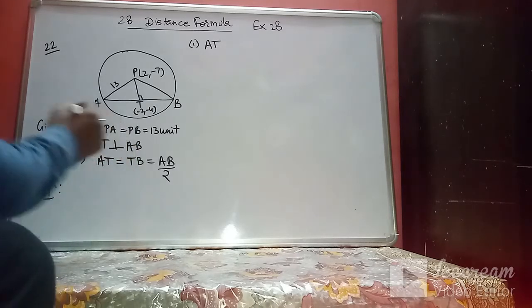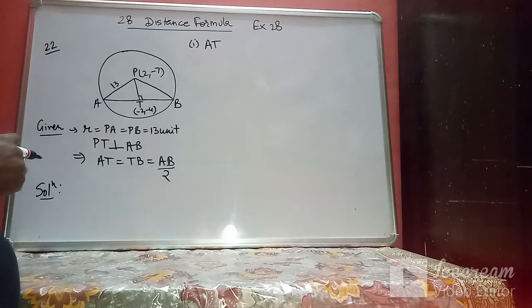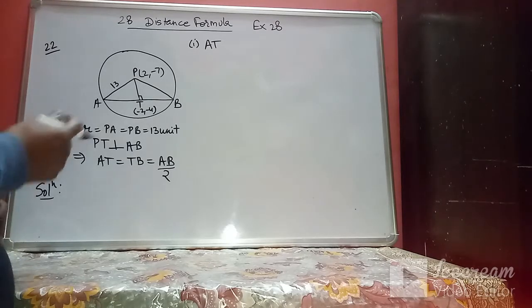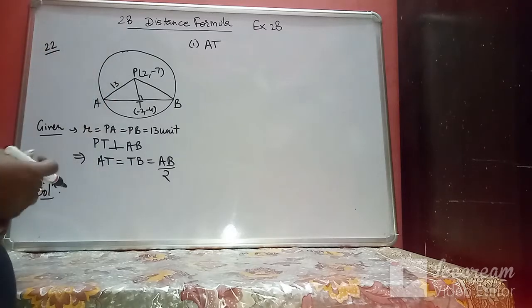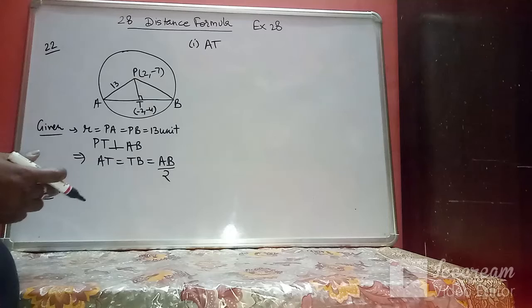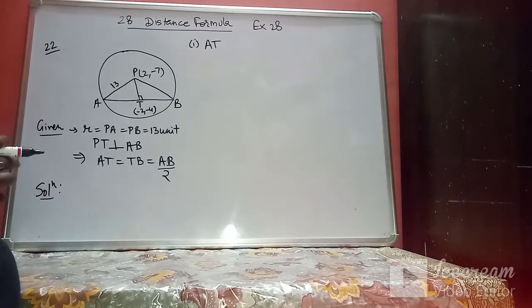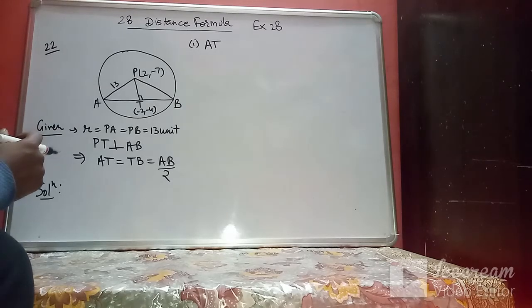So in this question it is given that in the given circle, P is the center of the circle with radius 13 units, and PT is perpendicular to the chord AB and coordinates of T are given. So we have to find the value of AT.